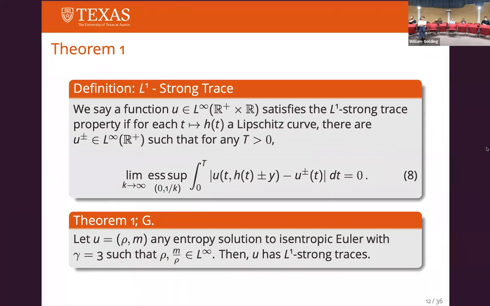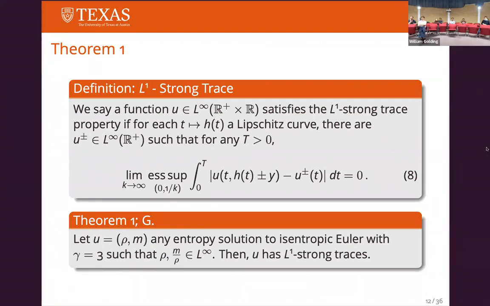So it's L infinity in space, L1 in time, as opposed to the reverse. And so for gamma equals 3 Euler and bounded solutions, we can say a priori you have that trace property. It's directly from the equation. Any entropy solution should have that. There's no smallness condition. What else?